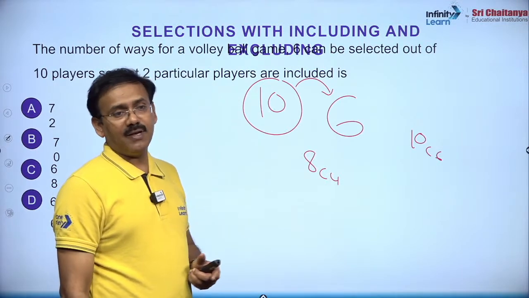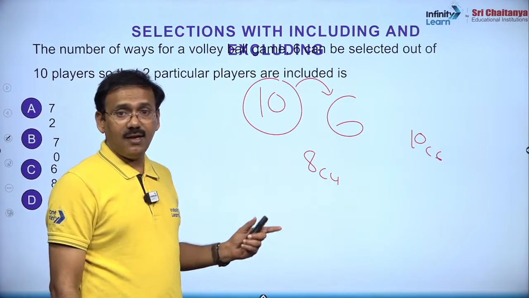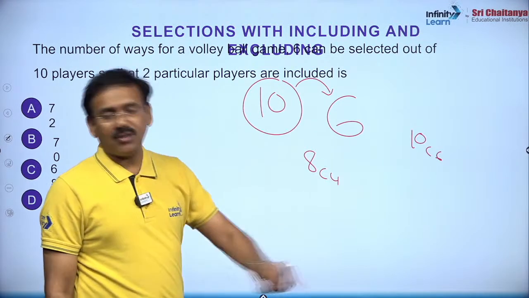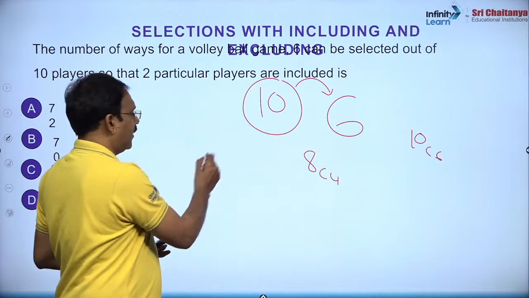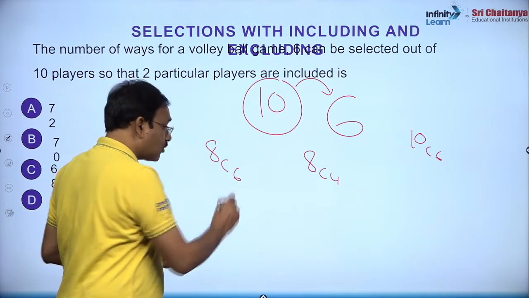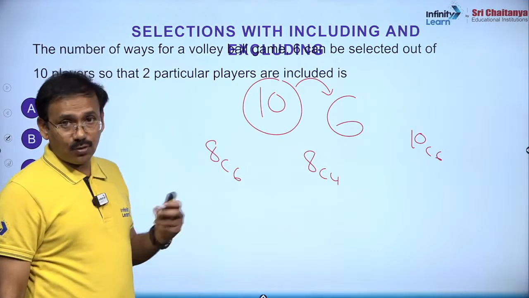अगर क्वेश्चन कभी कभी ऐसा भी हो सकता है कि 2 particular players are not at all selected, माने remaining 8 से हमें 6 को select करना पड़ेगा क्योंकि हमें 2 चाहिए.